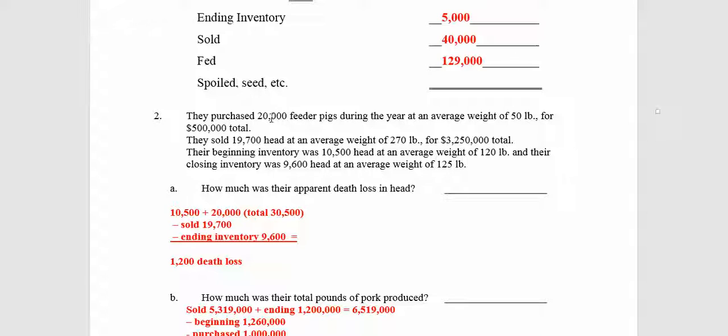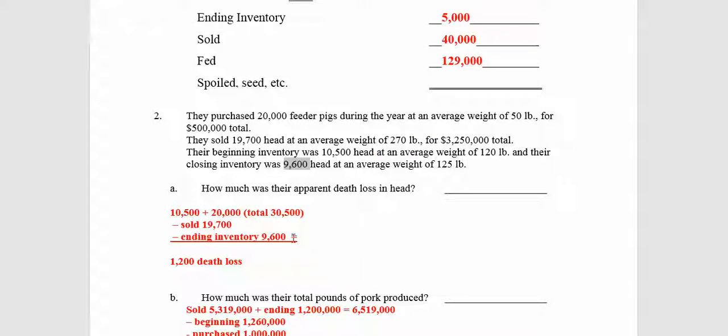Okay, we purchased 20,000 pigs, so that's simple. We bring them into the system. We also had a beginning inventory of 10,500. So our total positives are 30,500 pigs. Obviously, we subtract the 19,700 pigs that we sold, and we're also going to subtract the 9,600 head that we end with.